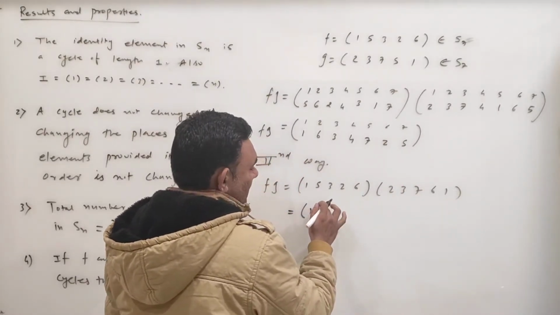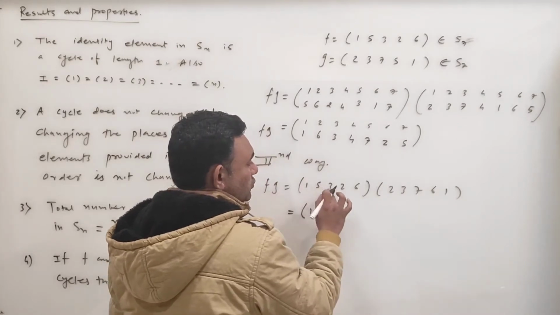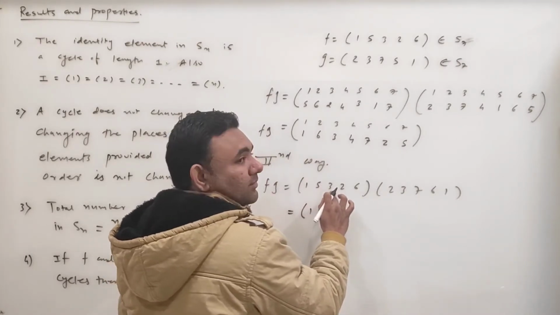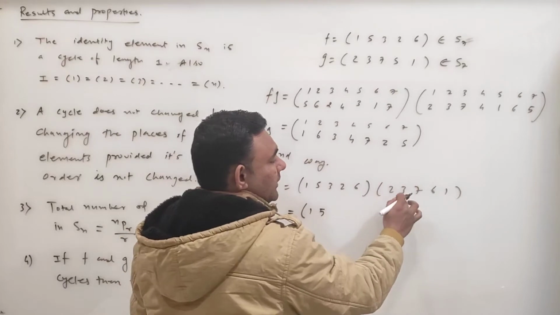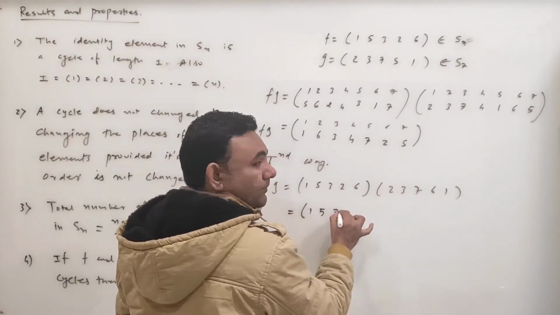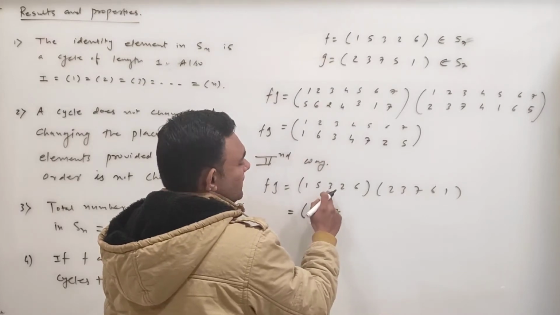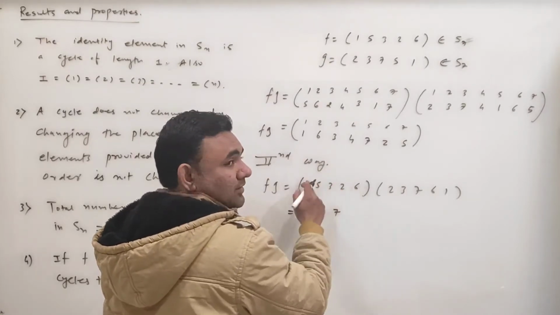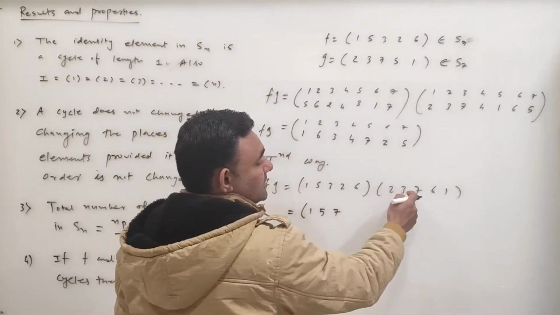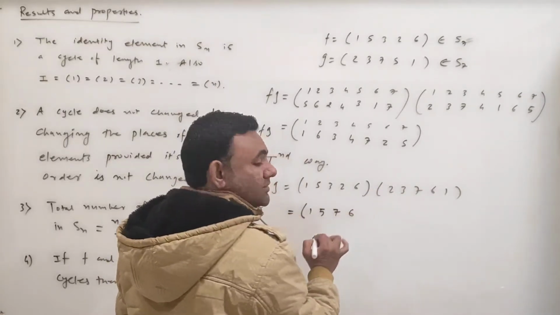Now you look at the image of 5 in this cycle, 5 goes to 3. Now you look at the image of 3 in this cycle, 3 goes to 7, right? Now you look at the image of 7 in the first cycle, 7 is absent, so 7 goes to 7, here 7 goes to 6, so you write 6.